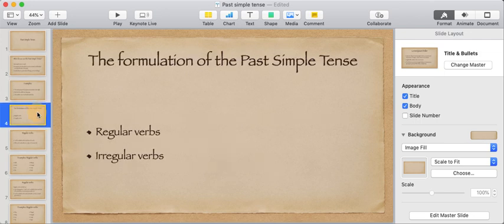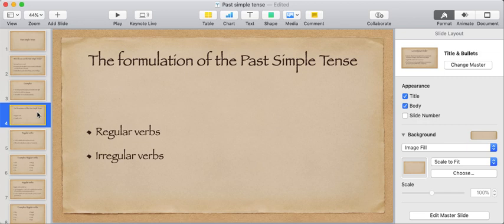Okay. But when we talk about the past simple, we have to know about the formulation of the past simple tense. When we talk about the formulation of the past simple tense, we focus on the verb. In the verb, there are two kinds: regular verbs and irregular verbs.